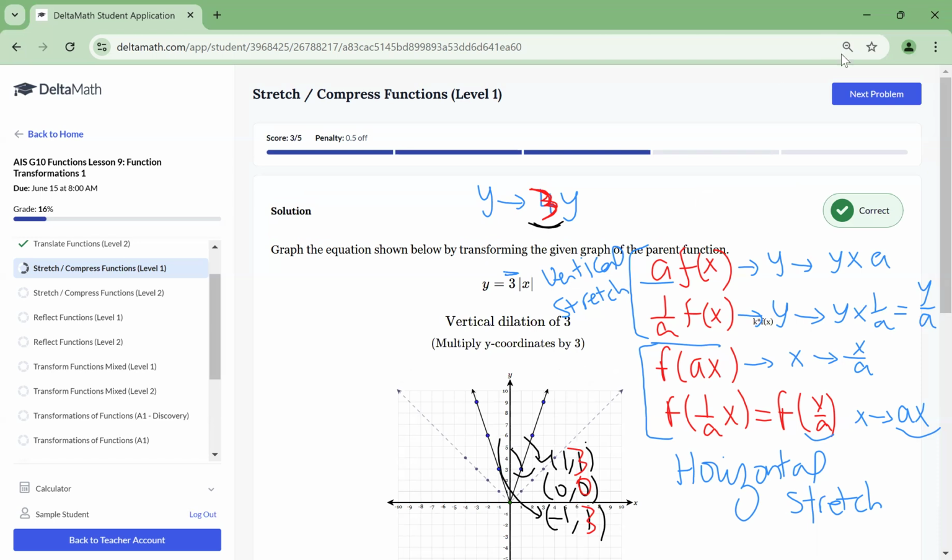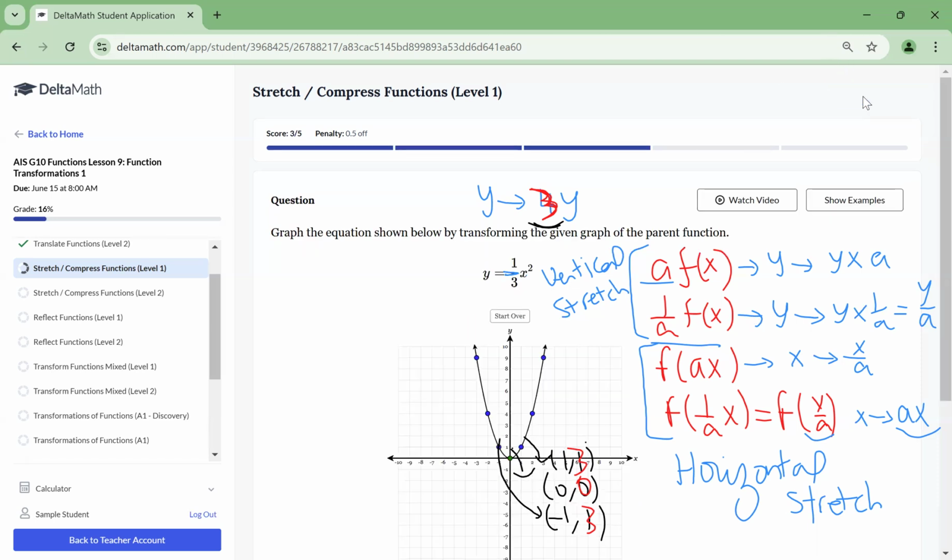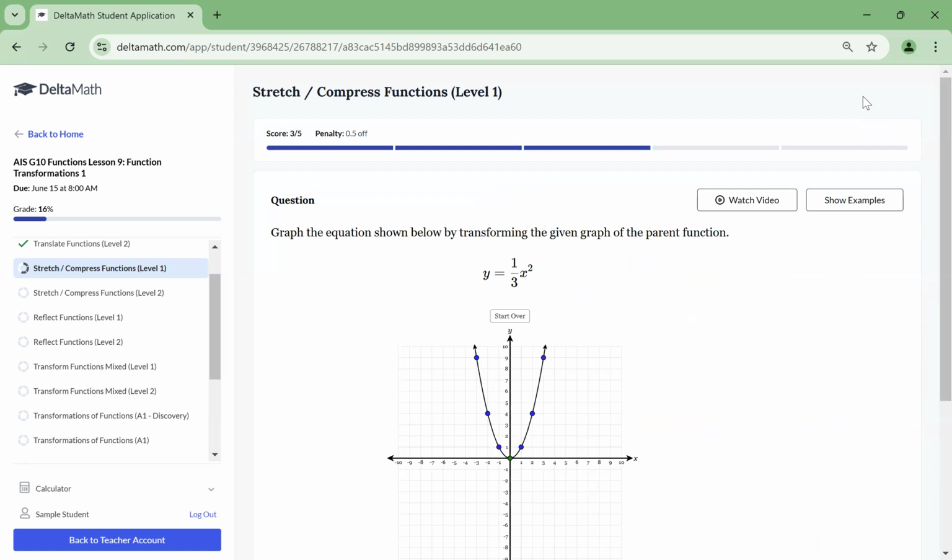And let's try another problem here. So we have y equals 1 over 3 x power 2. Again, the change here is outside. So y becomes 1 over 3y. We will multiply the y by 1 over 3. Let's take any 3 points. So this is 0, 0. I'm going to take the points that have 9 after y to be able to multiply by 1 over 3, because otherwise I'll get decimals.